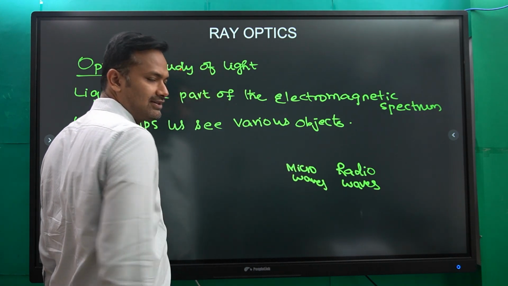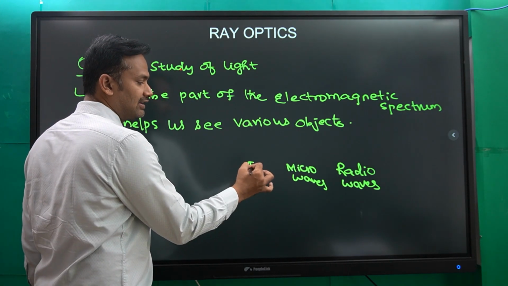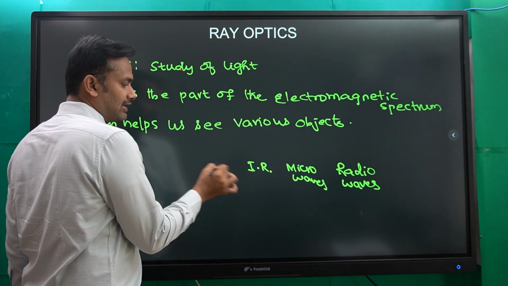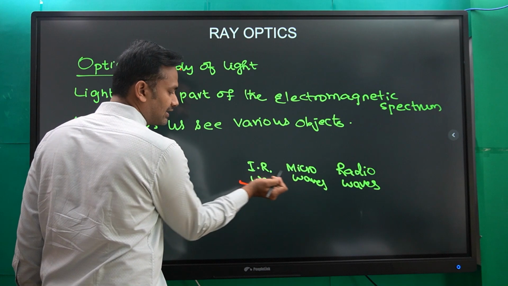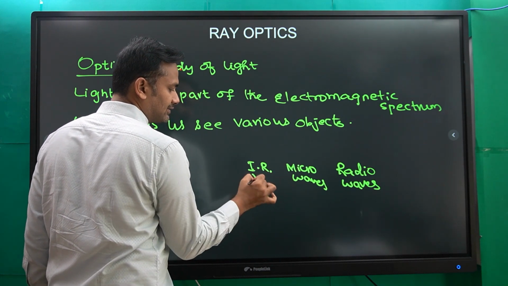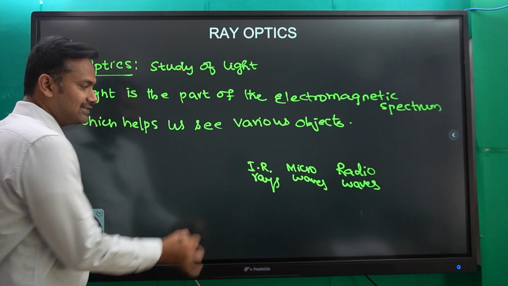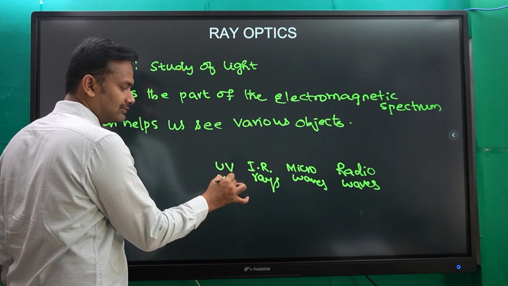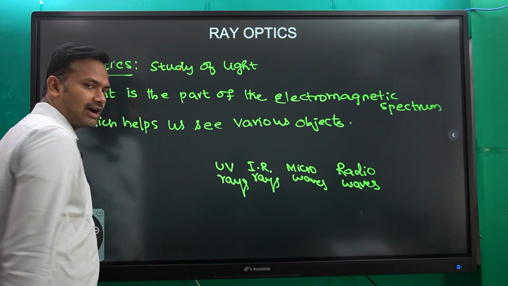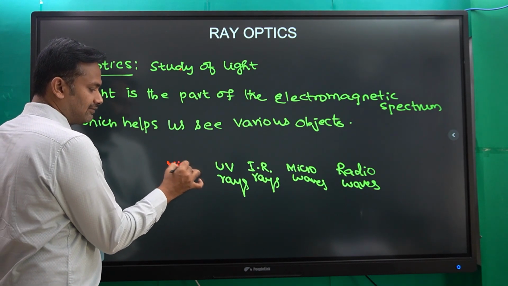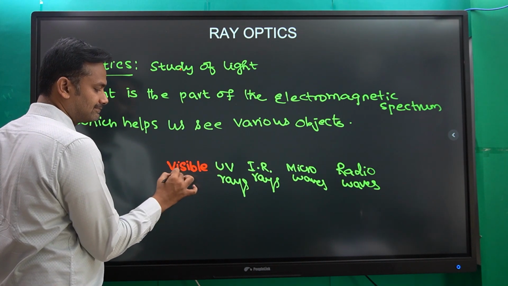After this, we have the infrared rays. Then we have the ultraviolet rays. After this, we have visible light.